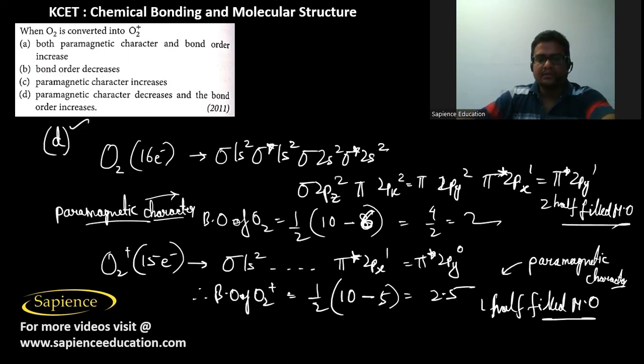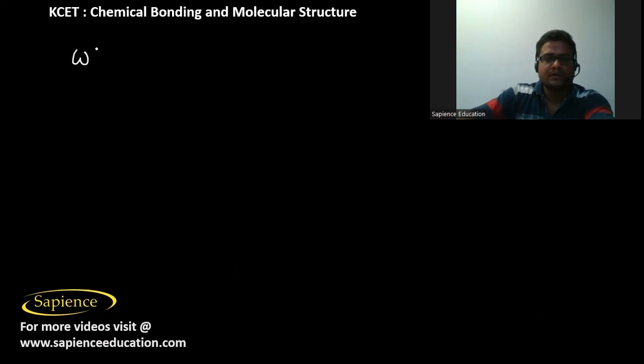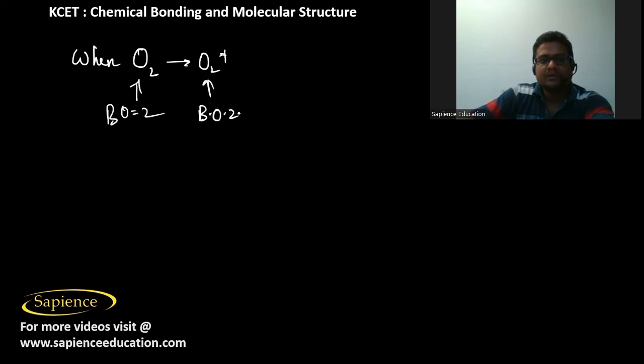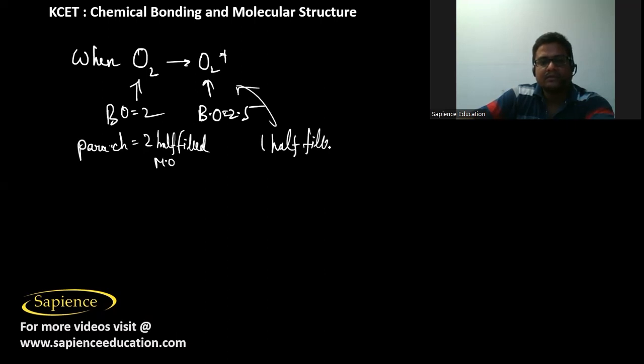Therefore when O2 is changed into O2 plus, here the bond order is 2 and here the bond order is 2.5, but for the paramagnetic character, here it has two half-filled molecular orbitals and here it has only one.